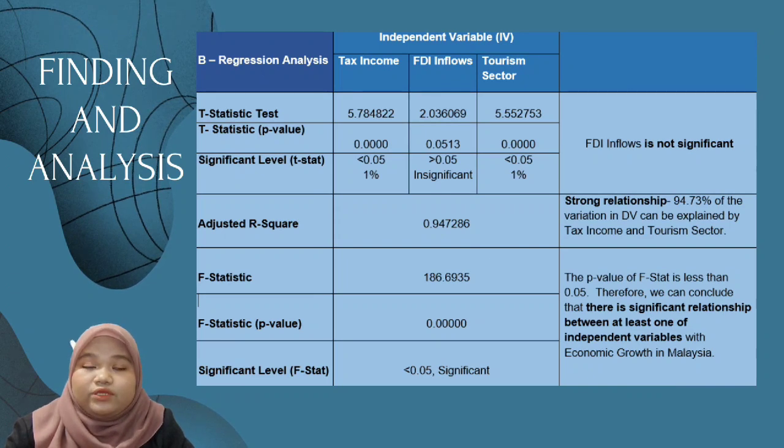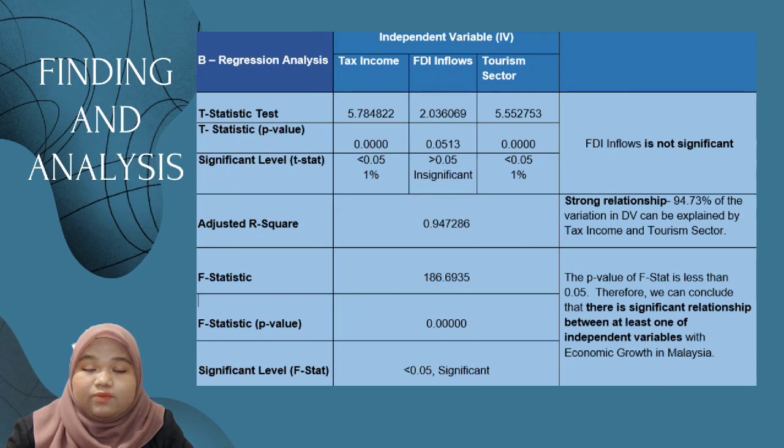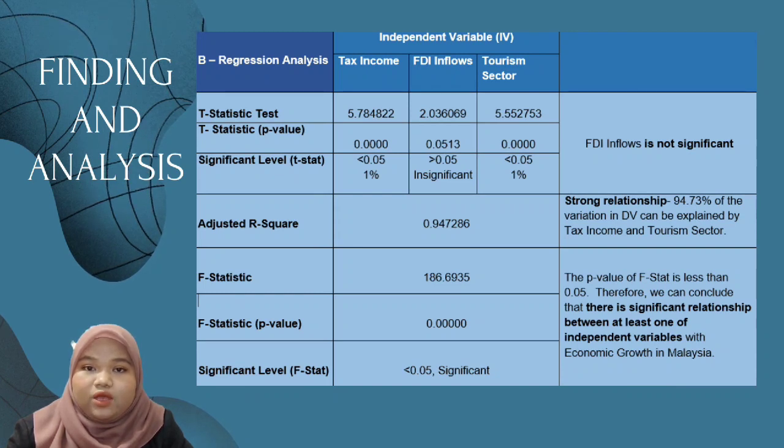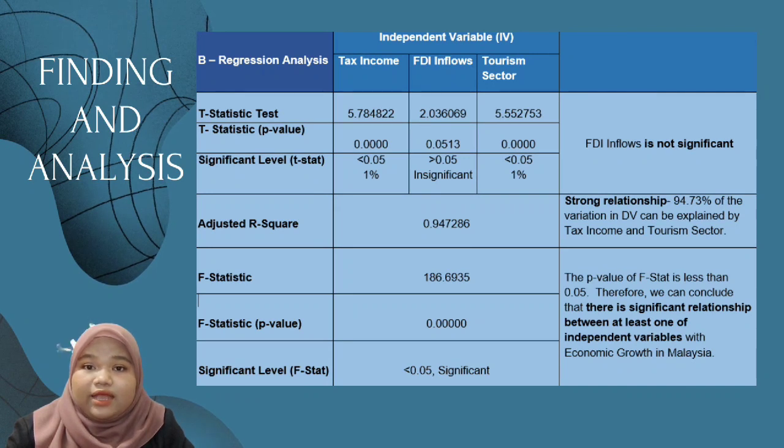The remaining 5.27% is due to the absence of other significant independent variables. The p-value of the F-statistic is 0.000, which is below 0.1, resulting in enough evidence to reject the H0 hypothesis. As a result, we can conclude that at least one of the independent variables and Thailand's economic growth has a significant relationship.